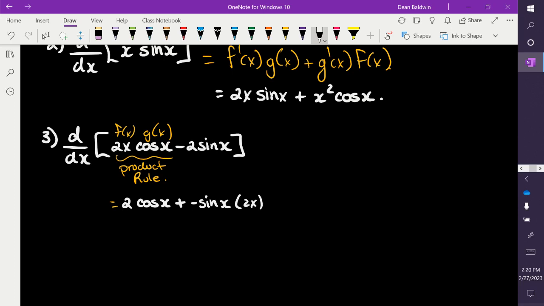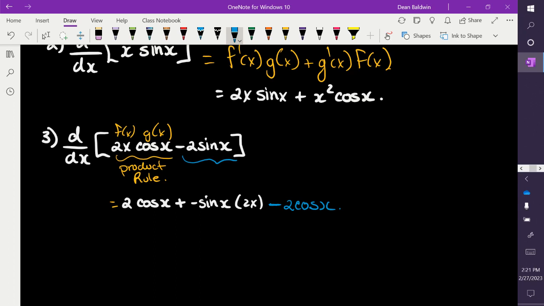And then this bit, the second bit here, you can just do a normal derivative on that bit, right? So we just go minus, what's the derivative of sine x? So it becomes minus 2 cos x. Does that make sense? You only have to use product rule if they're being multiplied together. If they're being added or subtracted, you just deal with those separately.